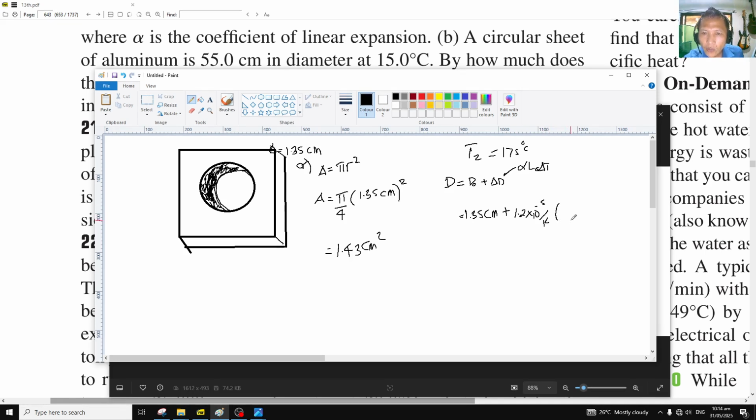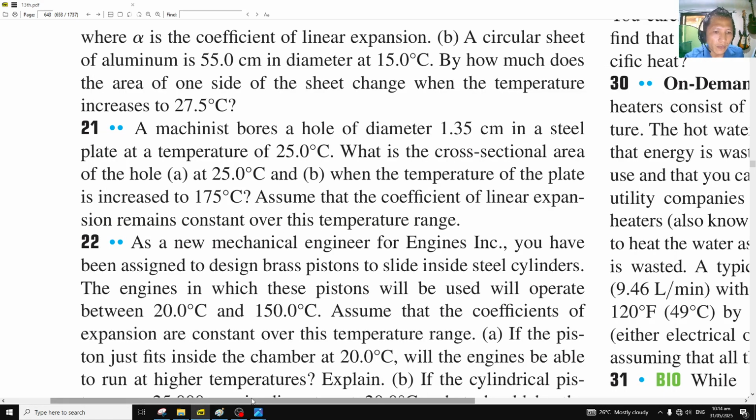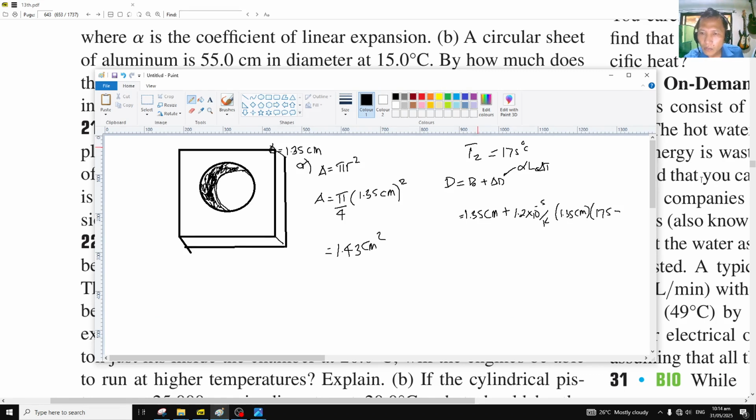And then you have your original 1.35 centimeter multiplied by 175 minus 25 degrees Celsius. We can leave out Celsius and treat it as Kelvin so that they cancel.